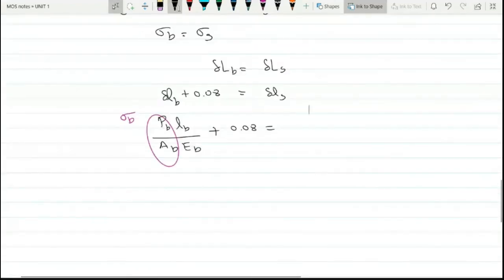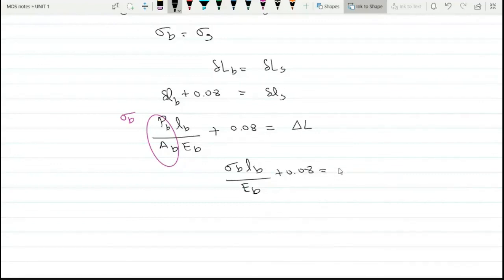This will be del L, the change in length for brass. Anyway, brass and steel are equal. So this is the change in length developed for brass. This I can write as sigma B LB divided by EB plus 0.08 is equal to del L.